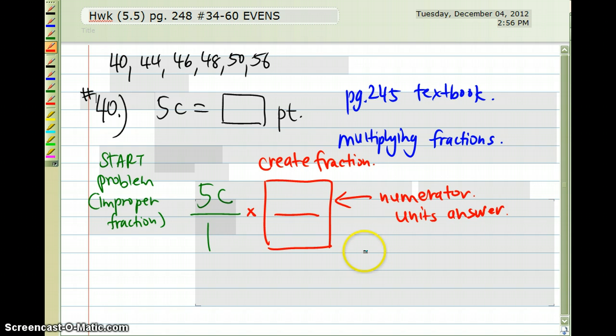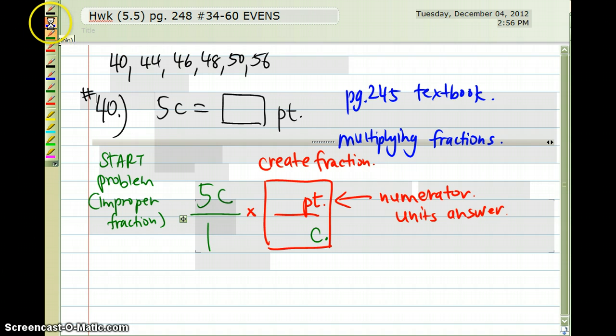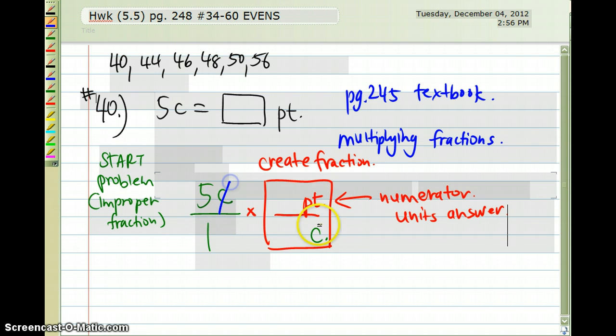Because I want to figure out pints, I'm going to put pints in my numerator, and I'm going to put cups in my denominator. The other reason why I put pints in my numerator and cups in my denominator is because then when I multiply my fractions in the end, the cups will cancel each other out.